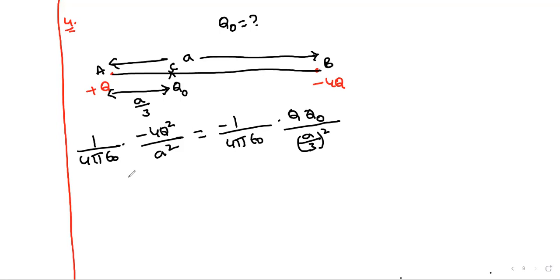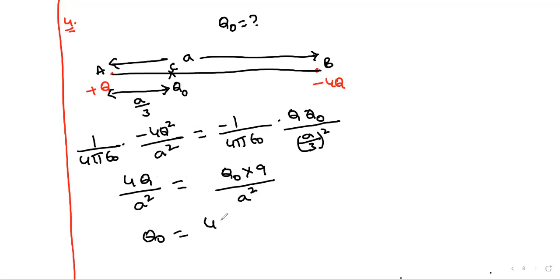So upon solving, we get 4Q by A square equal to Q Q naught into 9 by A square. So Q naught equals 4Q by 9. Okay, fine, that is the fourth one.